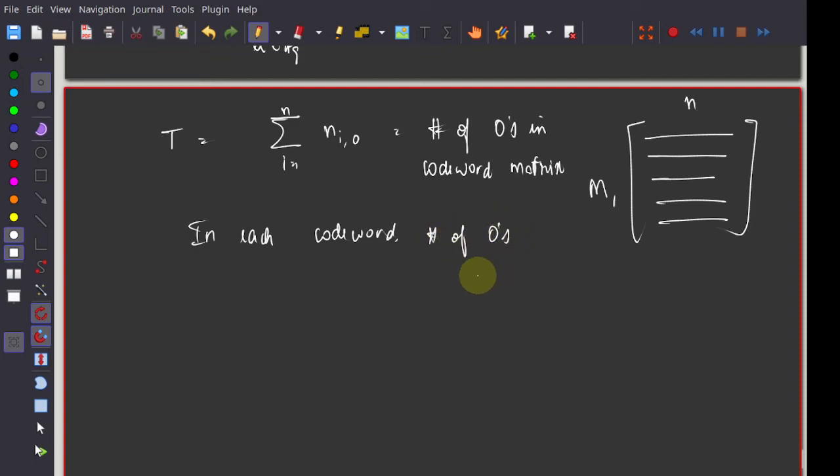What can you say about the number of zeros? There's a weight constraint, right?